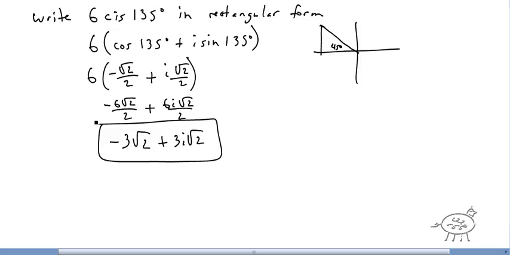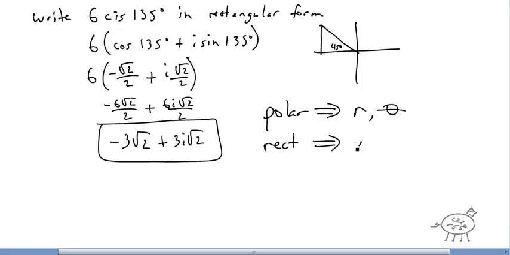Okay. Remember, polar has r and theta. Rectangular, it doesn't have r and theta in it. I guess we're just using x and y because it's x plus yi.